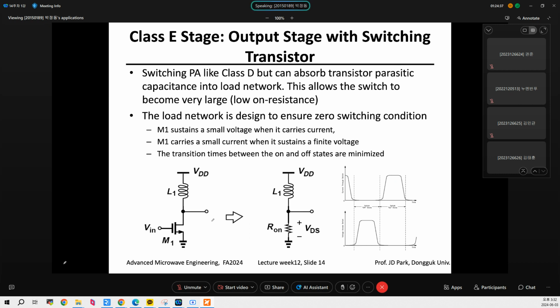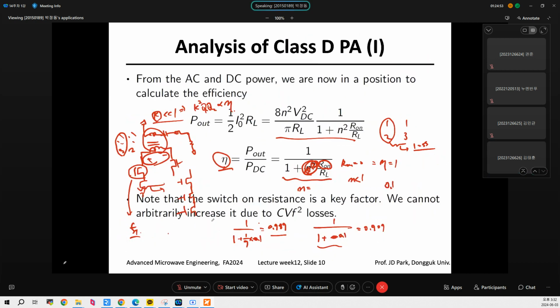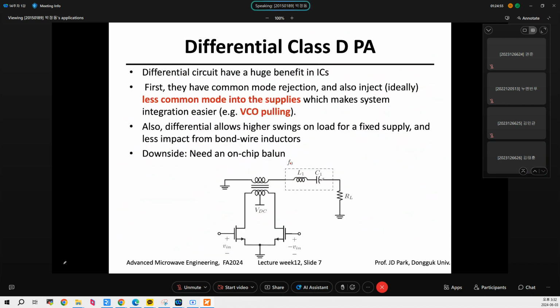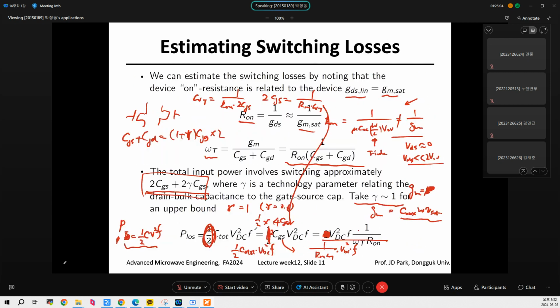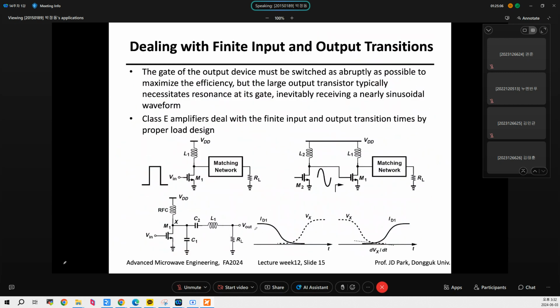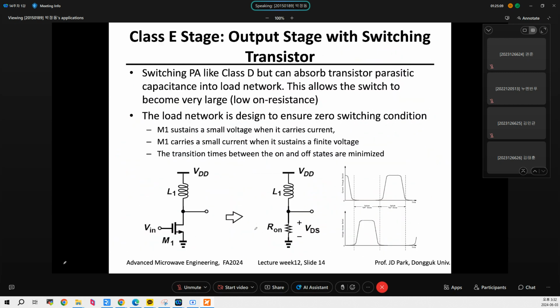This is very good, because previously, different from inverted class D, which of course can absorb it, the class D amplifier cannot absorb any parasitic capacitor. As can be seen here, there is a capacitor here and another capacitor, which is just a hassle. However, for the class E amplifier, you can avoid this problem.